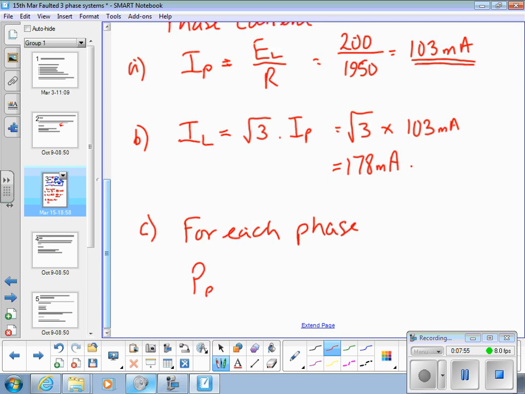Phase power is equal to I phase squared times R. So it's 0.103, we can't use milli, squared, times 1950.